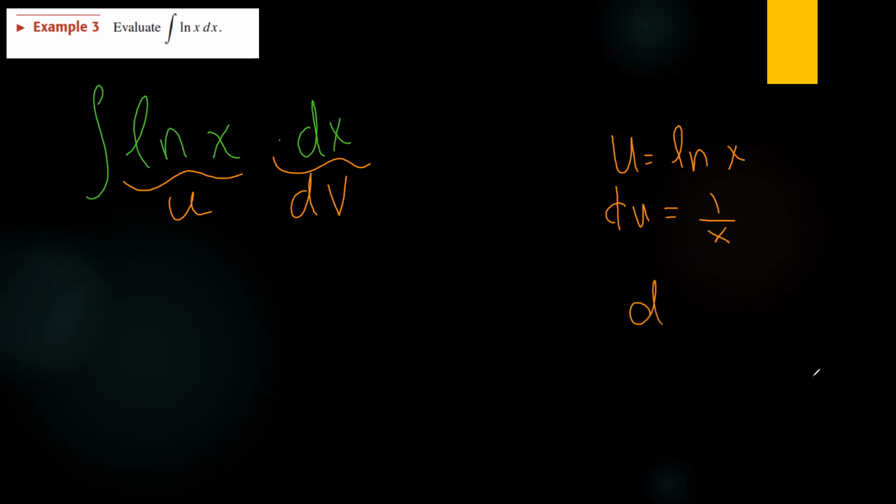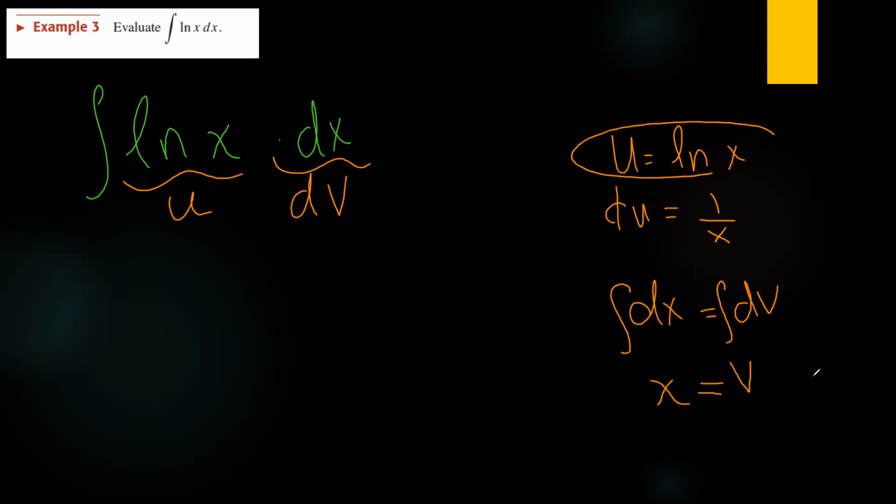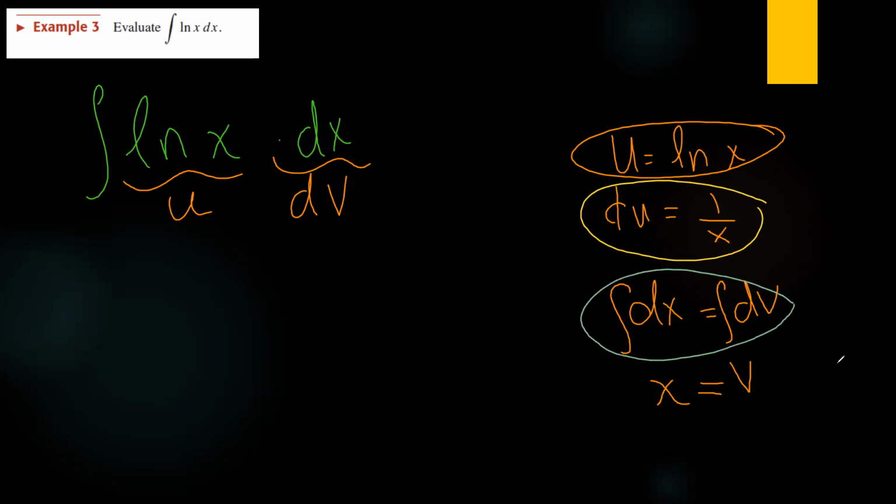And then if dx is dv, so the integration of dv, which is v, will be x. So I have now u, du, dv, and v.